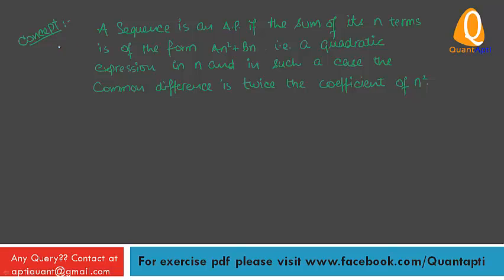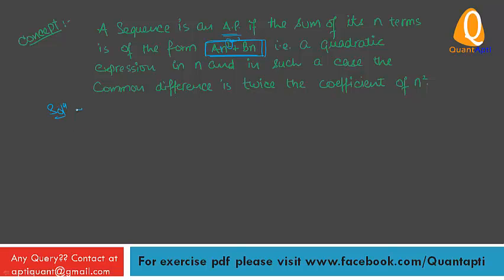Now the concept is, a sequence is an AP if the sum of its n terms is of the form a n square plus b n, or in the form of a quadratic equation, that is, the degree of variable n is 2. In such a case, the common difference is twice the coefficient of n square.